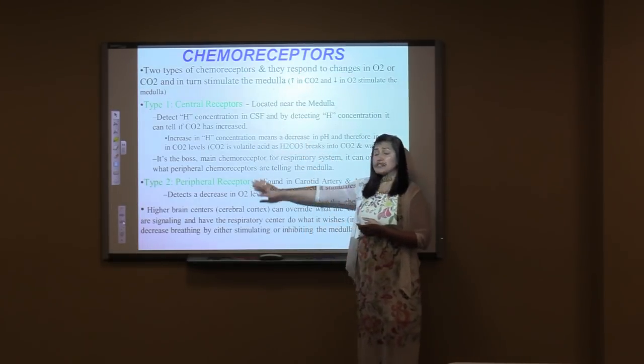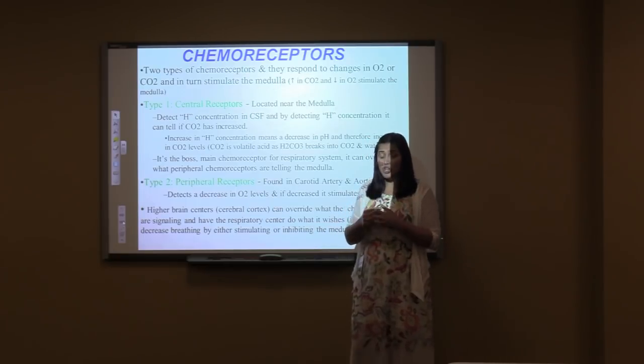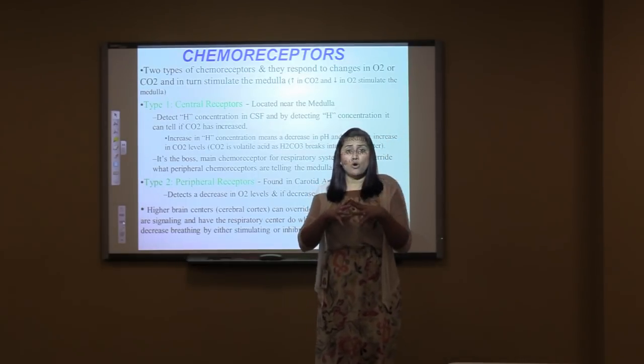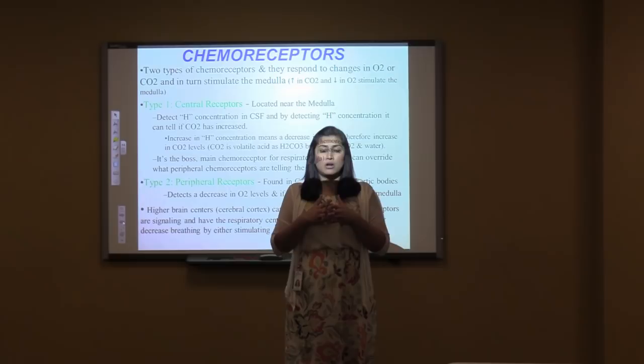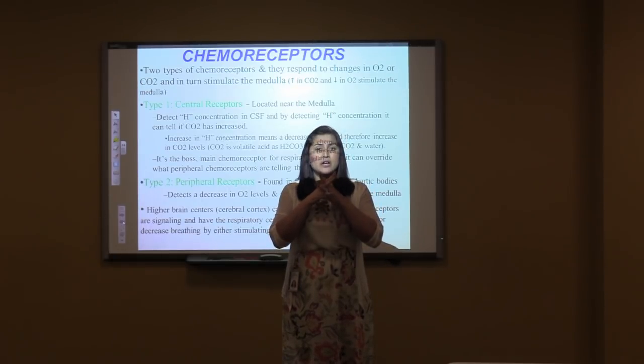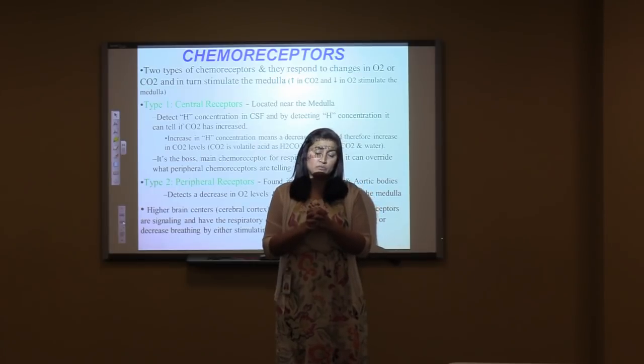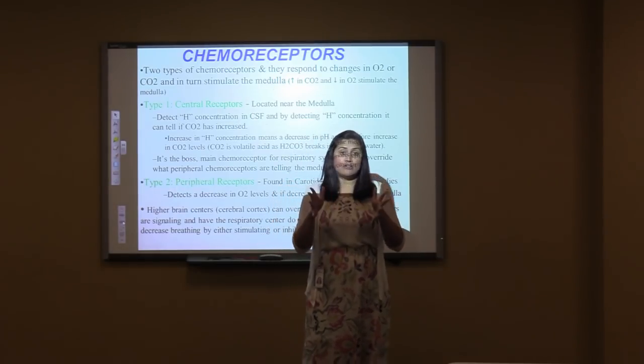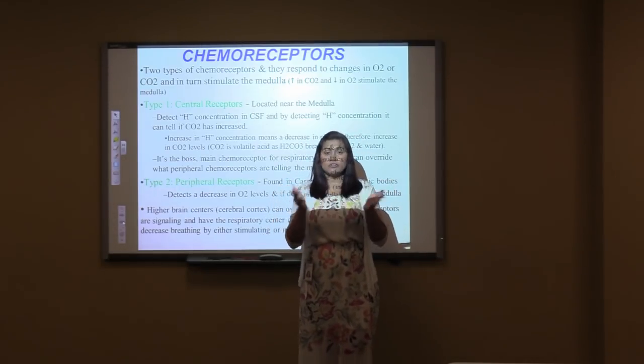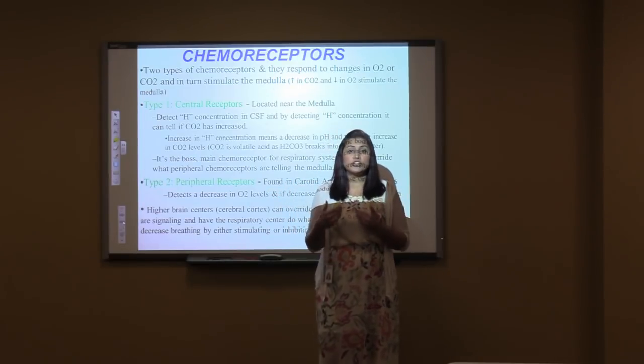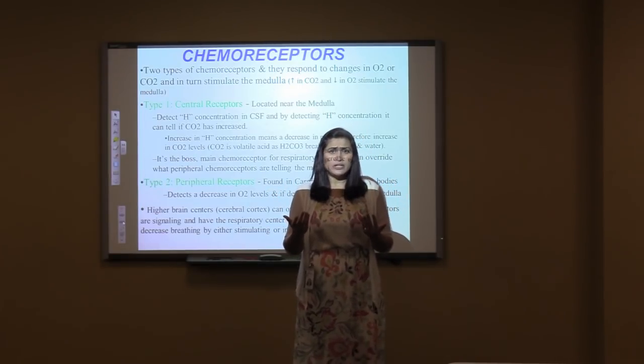The central and peripheral chemoreceptors in turn can both be overcome or disobeyed if the higher brain centers tell them to do so. Meaning, right now, if all of you take a deep breath, increase your breathing rate, you can all do that, right?